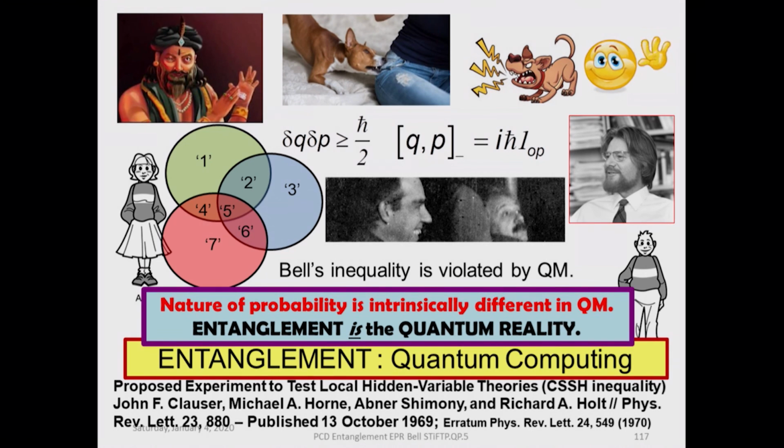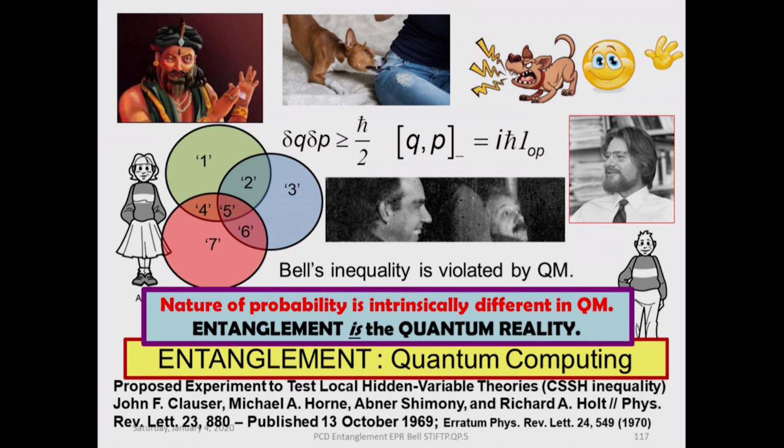Yeah, I should mention this reference at the bottom, which is a very nice paper which I will strongly recommend. Their experiment to test local hidden variable theories, another experiment which was proposed by Clauser, Horn, Shimony and Richard Holt, and this leads you to a reformulation of Bell's inequalities, but based on the same idea.